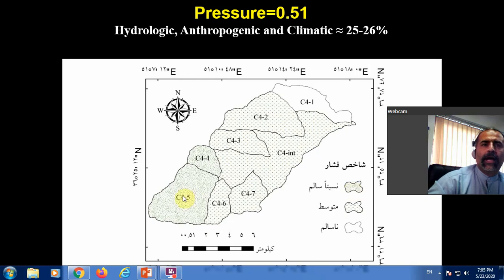These are the likely healthy ones in viewpoint of pressure, where the pressure value for the entire watershed was just 0.51, and it was devoted to hydrologic, anthropogenic, and climatic factors, with almost the same effectiveness of 25 and 26%.